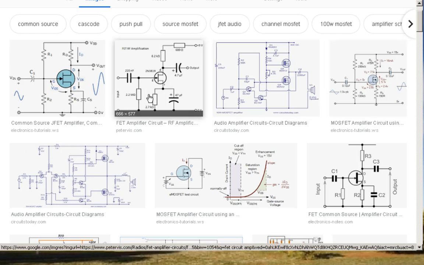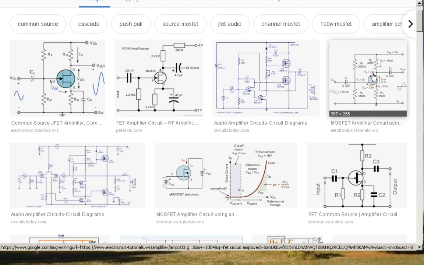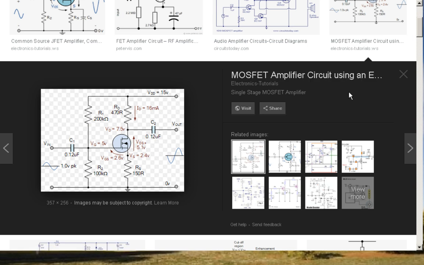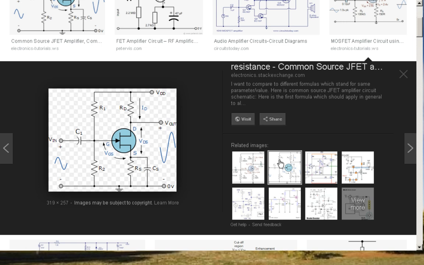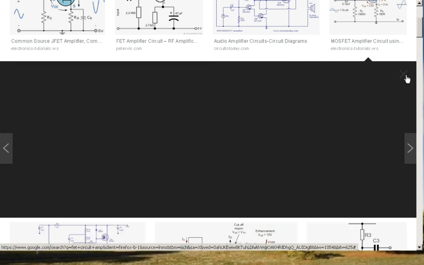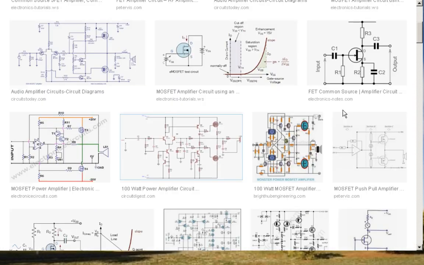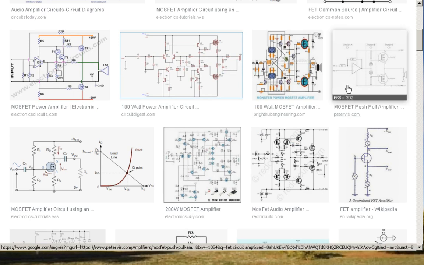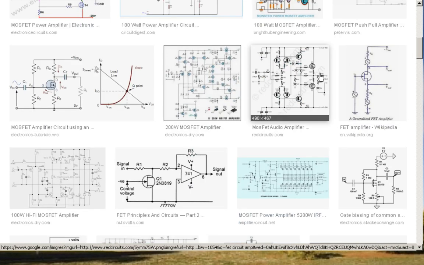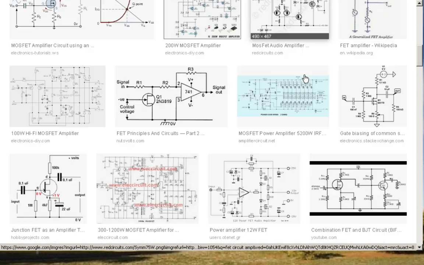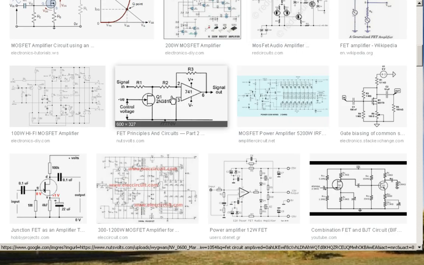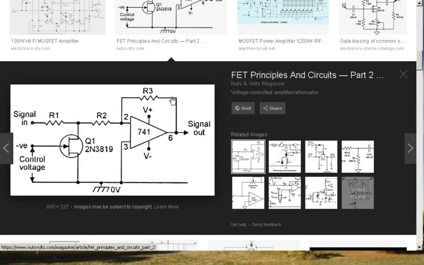There's one there. Let's get a 2 megohm input impedance. That's a MOSFET. FET amplifier. There's a 2N3819. Control voltage.